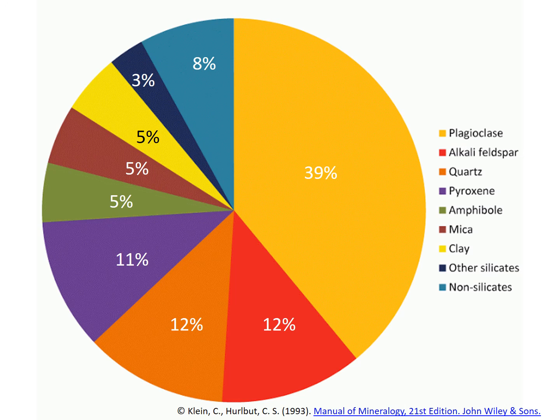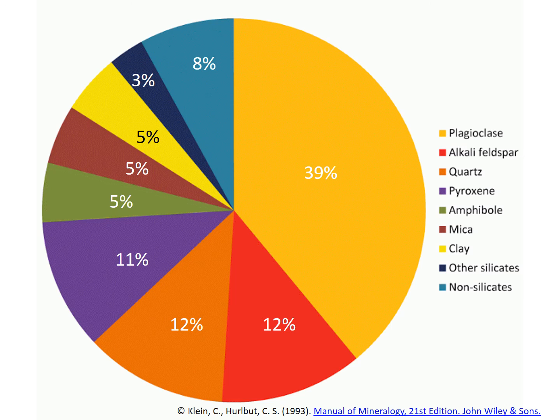Oxygen and silicon are the two most common elements in the Earth's crust. More than 90% of the crust is composed of silicate minerals. The most abundant silicates are the feldspars, such as plagioclase and alkali feldspars.